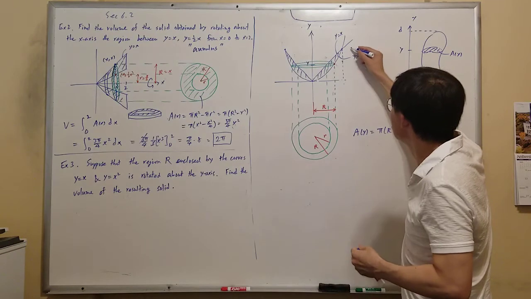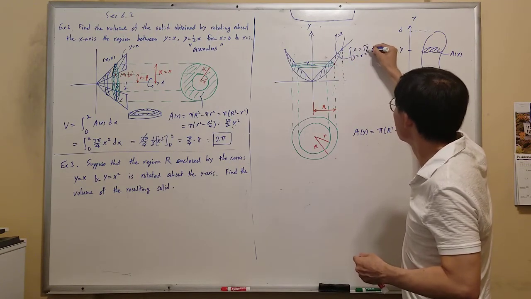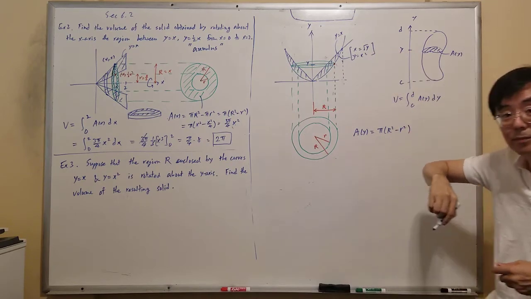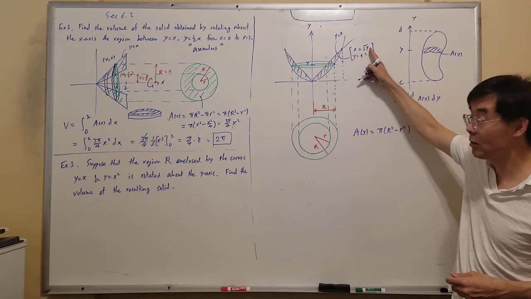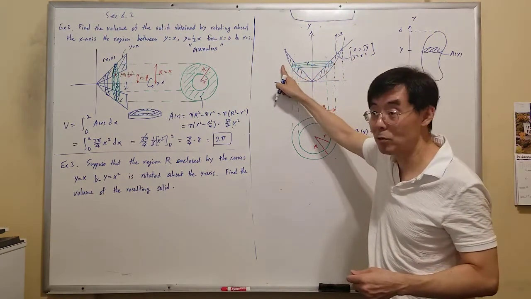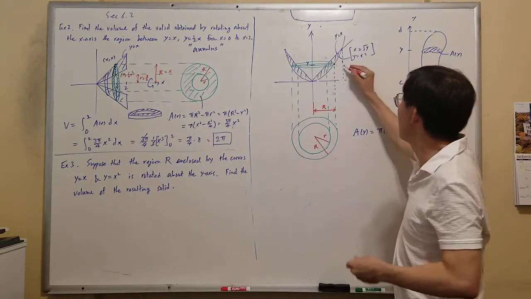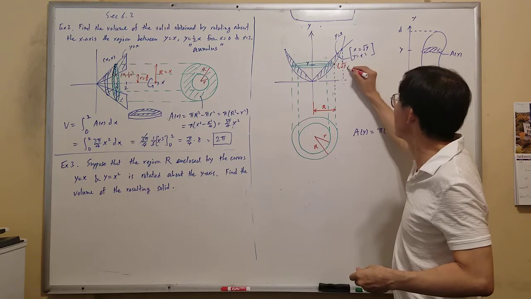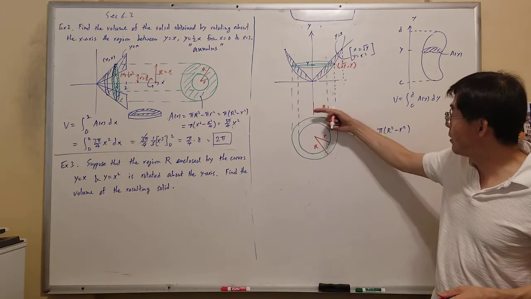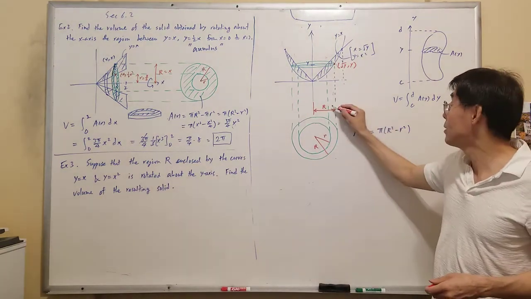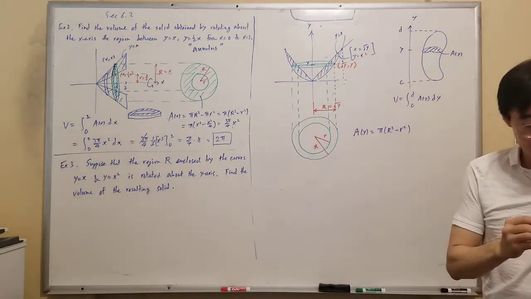So I'm going to rewrite this as x equals square root of y. In this case, x is positive, so the positive square root of y. This part is the negative square root of y, which we don't need. So I can write this coordinate as x equals square root of y for given y. And your lowercase r is the distance along the x-axis. So this is the x coordinate of this point, which is square root of y.